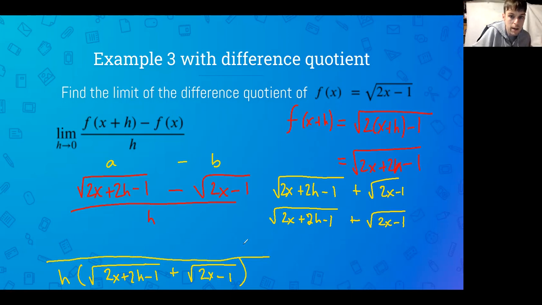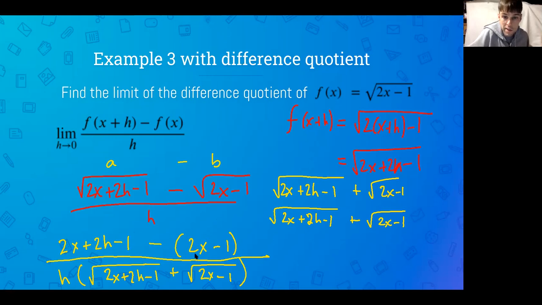On the top, however, we do need to multiply these out. So a minus b times a plus b is going to end up being a squared minus b squared. Squaring will get rid of our radicals. So this squared minus this squared, so minus 2x minus 1. Since I'm squaring and subtracting that whole quantity, I do want to put the parentheses there.